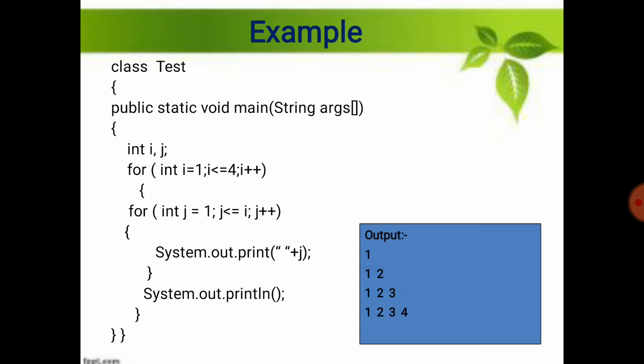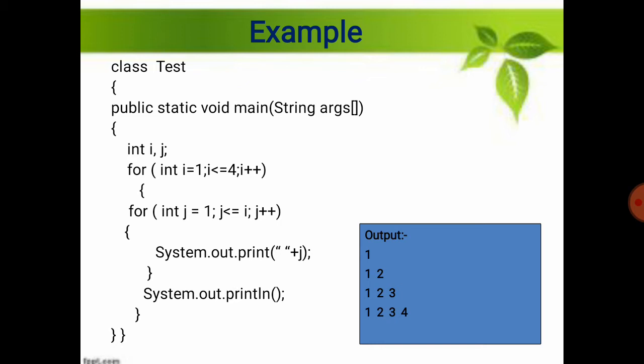In the same way, it prints 1, 2, 3, 4 four times. Now a little bit I have changed the condition in the inner loop. The outer loop is i = 1, i < 4, and i++; it revolves from 1 to 4. But now in the inner loop I have changed the condition: j = 1 and j <= i.